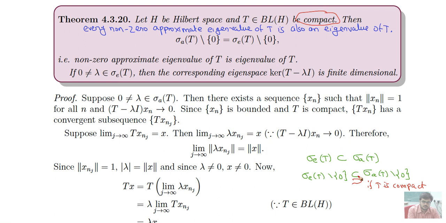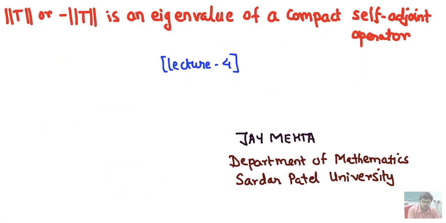This is anyway true in general, and so we have equality. Right, so this was the statement, and we are going to use this. I've already made a video of this. I'll give you the link to my other YouTube channel. You probably have it in the WhatsApp group also. So we use this result to prove our main result, what we stated earlier, which was this.